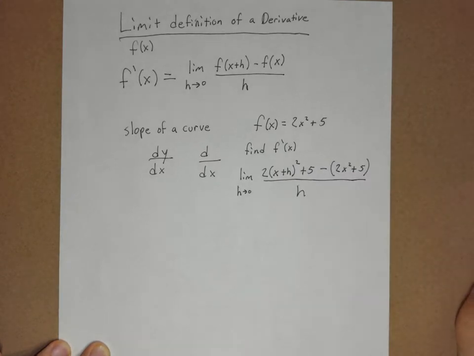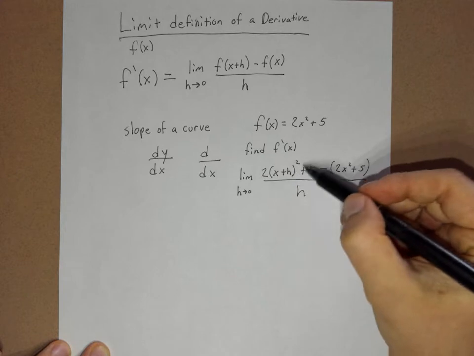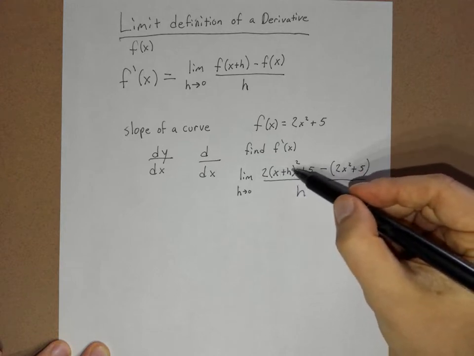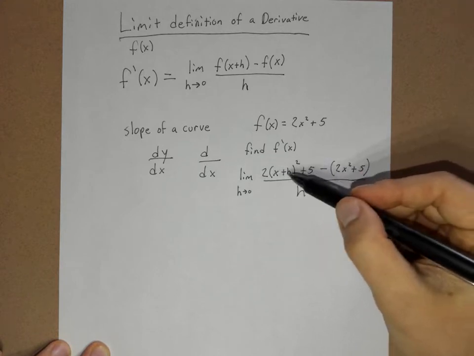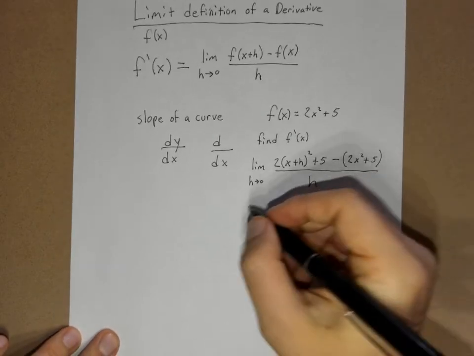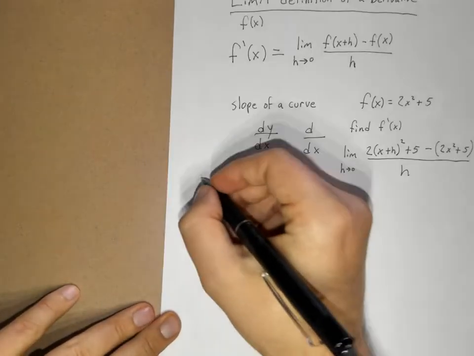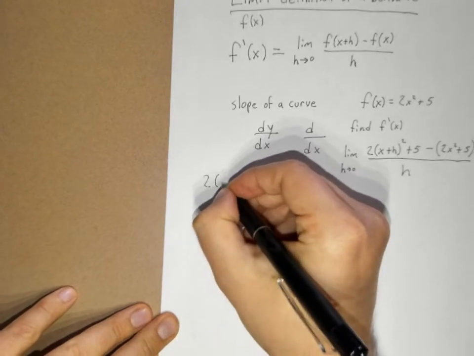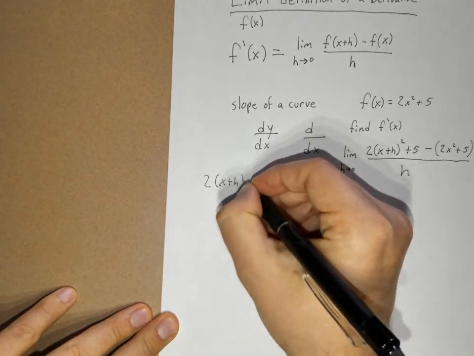So now comes the simplifying part. In order to simplify this, since it's squared, you need to FOIL it out, or write 2 of them and then do double distributing. Off to the side here, I'll do my 2 times x plus h.